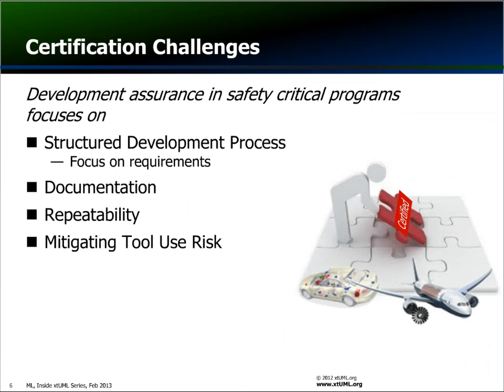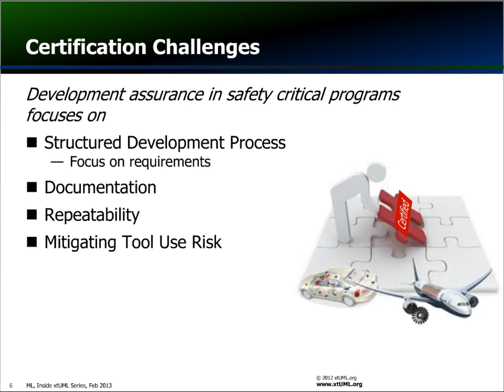Let's take a look at the certification challenges. Certification of complex systems involves development assurance. The idea here is that no system will be free of bugs, but one that follows a process that enforces design or development assurance dramatically reduces the chances of producing a design that has errors that affect the design's safe operation. So in these sorts of programs, the term quality means that the product meets its requirements or performs its intended function with no unintended functions.